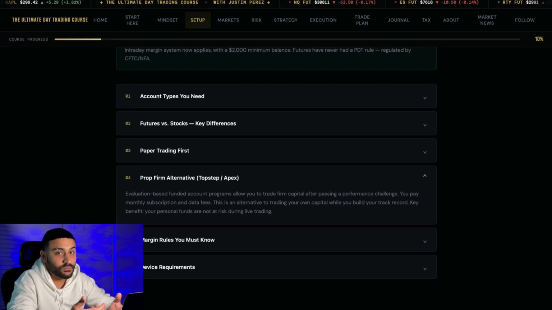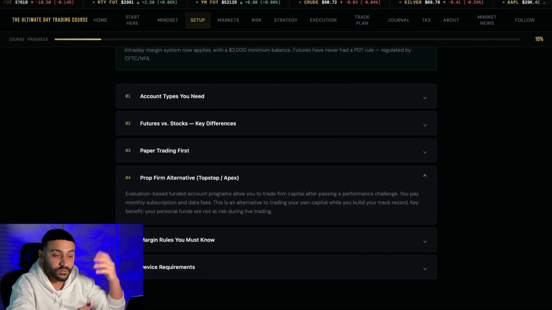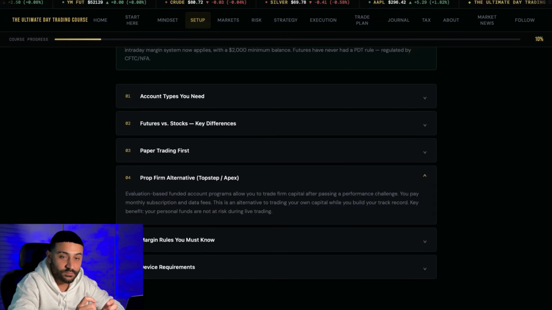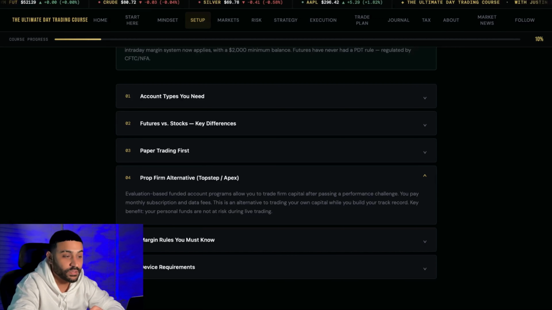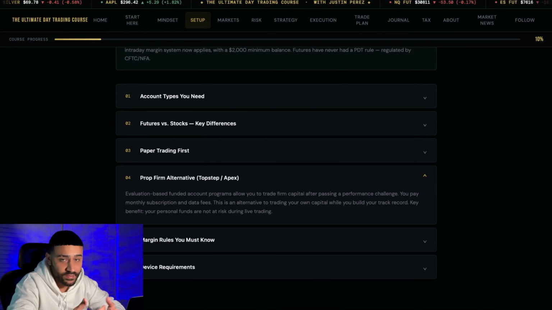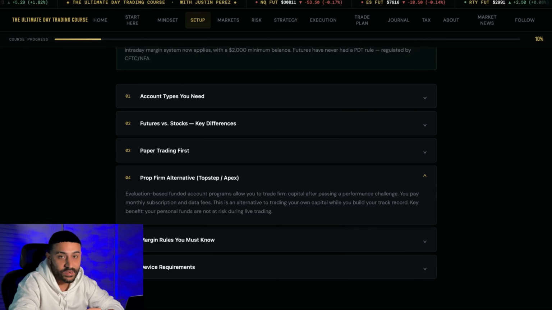And how it essentially works, guys, let's say you want to buy a $25,000, $50,000, $100,000, or up to a $250,000 account. Well, it would essentially cost you a fee, right? So let's just say you're looking at a Lucid account and the account is a $50,000 account, and they charge $200 to have that account opened.